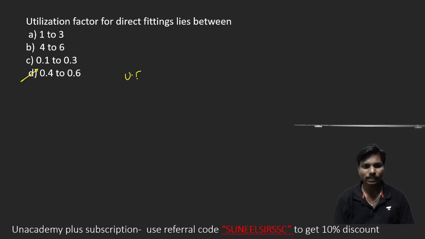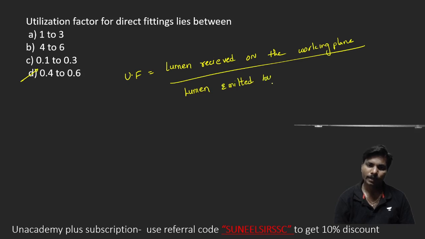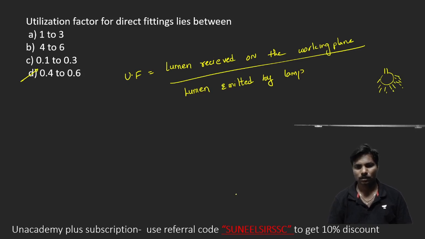Utilization factor is generally the lumens received on the working plane divided by the lumens emitted by the lamp. For example, if you consider a lamp, the lamp emits the lumens, that is luminous flux.